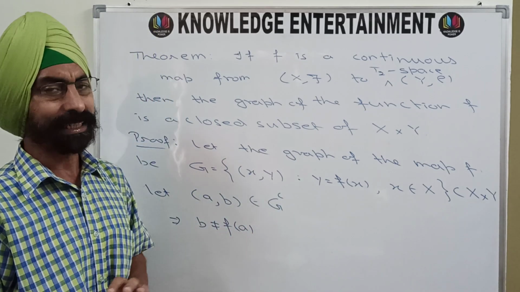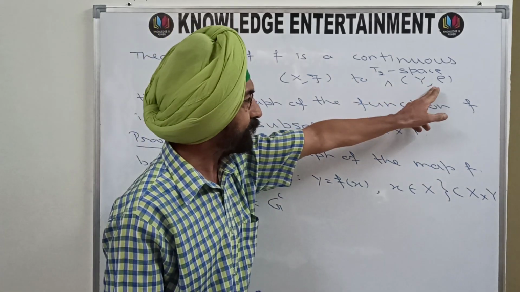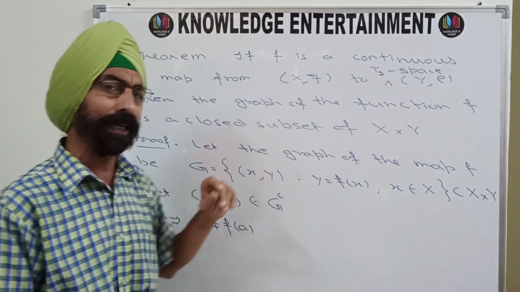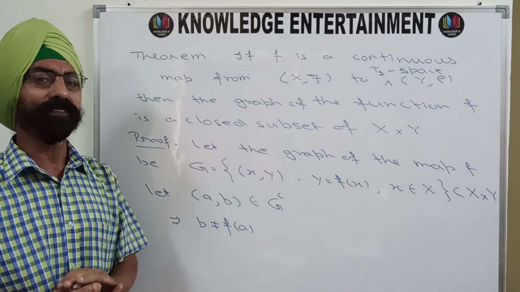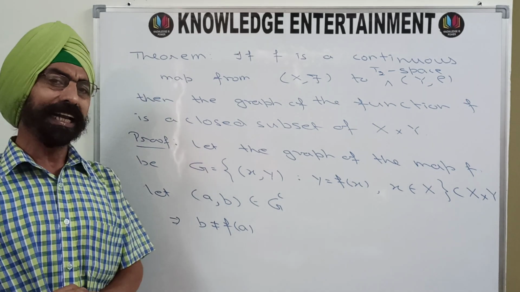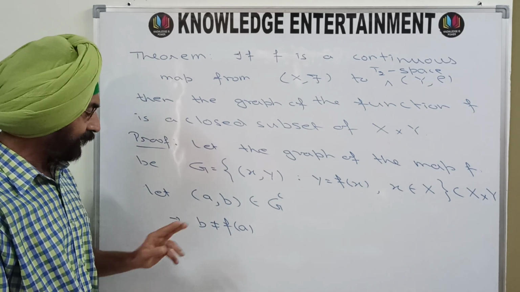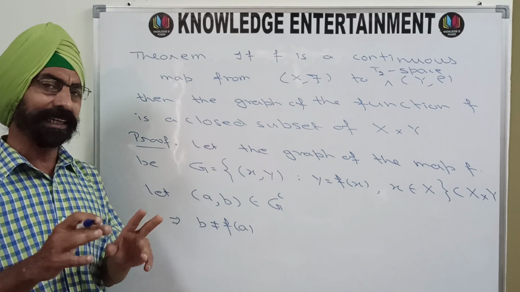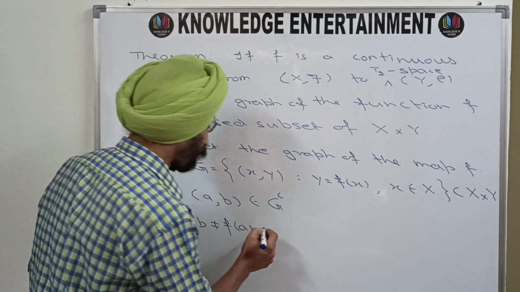But we are given that the topological space (Y, ρ) is a T2 space. And if in a T2 space you have two different elements, what will happen? You definitely will have two open sets, one containing the first element, the other containing the second element, such that their intersection is empty.